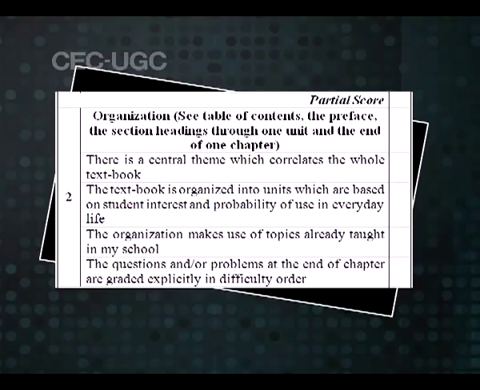The organization makes use of topics already taught in my school. The questions and or problems at the end of the chapter are graded explicitly in difficulty order. So each and every item has got some partial score, and the total score of these partial responses is calculated.